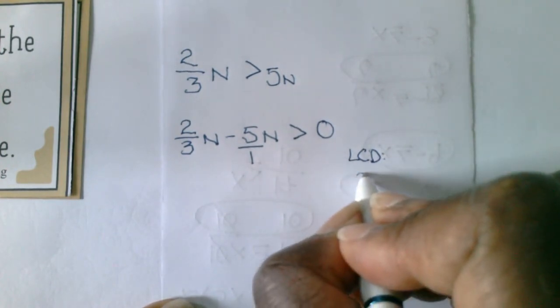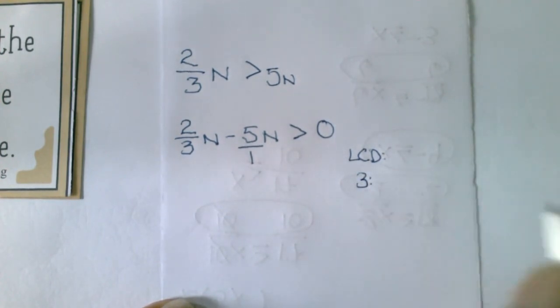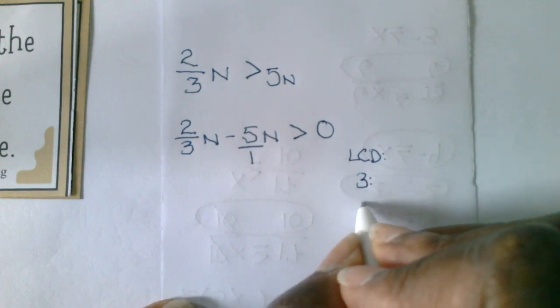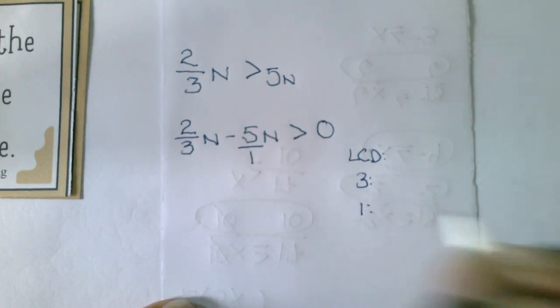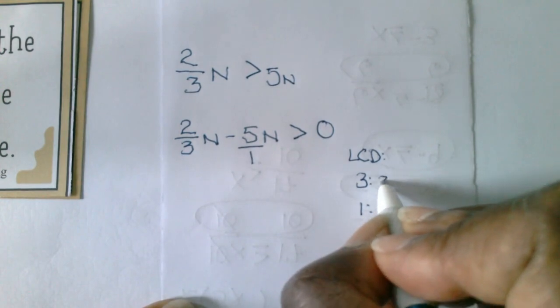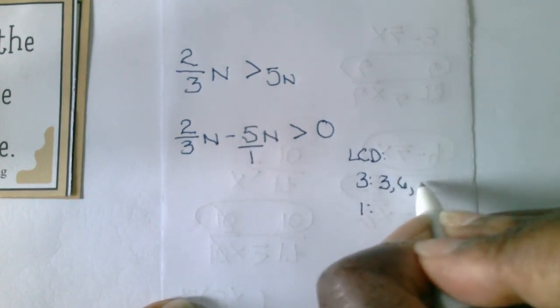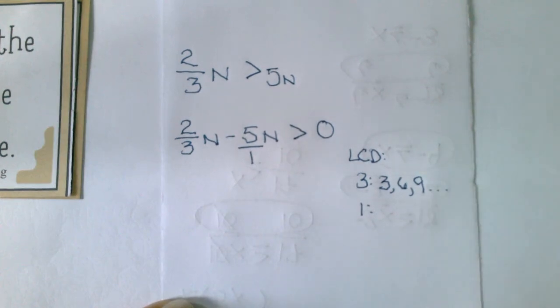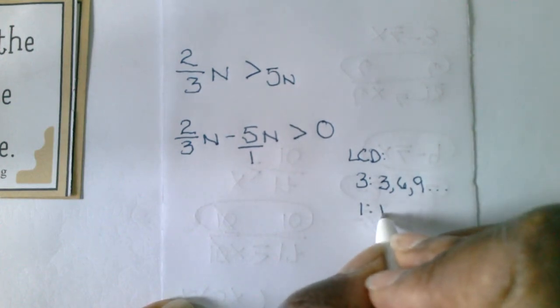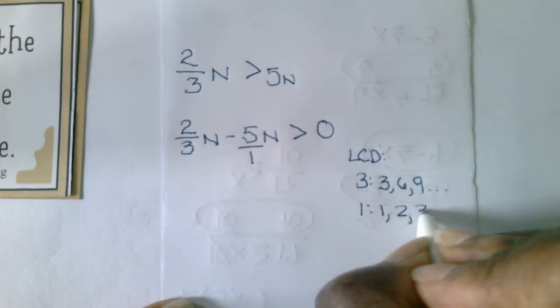So if we're looking at the 3 times table, we have our 3, we have our 6, we have our 9s, and so forth. For the 1s, we have 1, we have 2, we have 3.